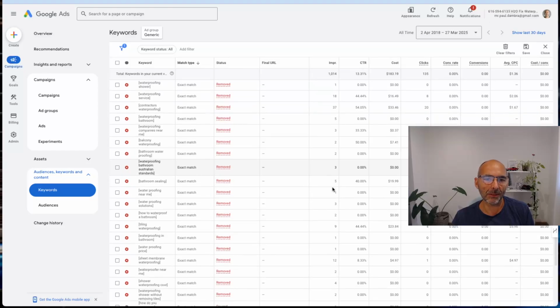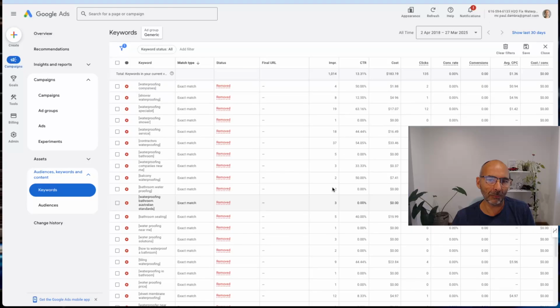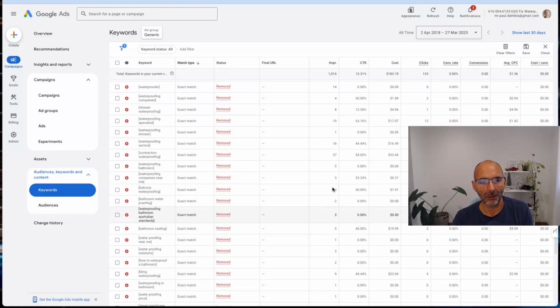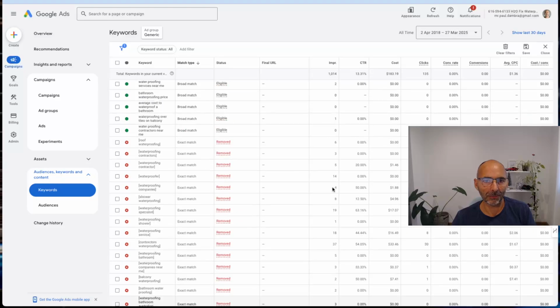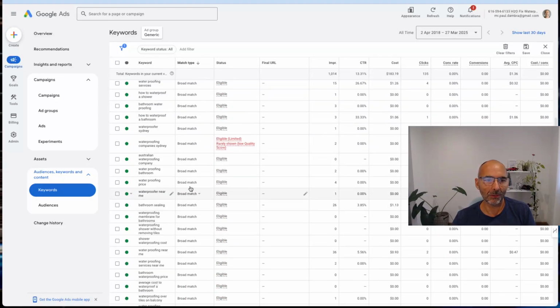Now what's happened is the business owner has opened their app and they've seen all these different recommendations from Google to take certain actions. And they've actually approved for those to occur. And what it's done is remove what I'd set up and then added all these broad match words.